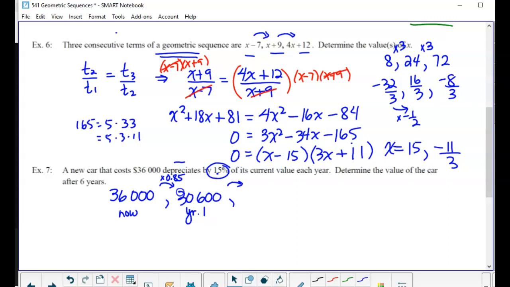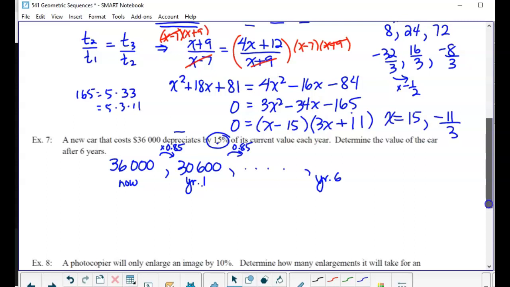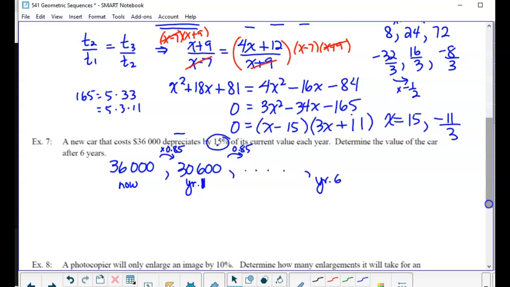And that's after year 1. Then multiply again by 0.85. So you can keep doing that, and we want to know year 6. Now what you need to be careful of here is that this is called year 1, but it's term 2. When you're getting to year 6, we started with 36,000. We multiplied by 0.85, but what exponent goes in there?